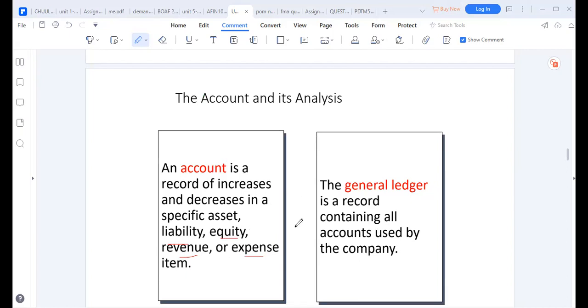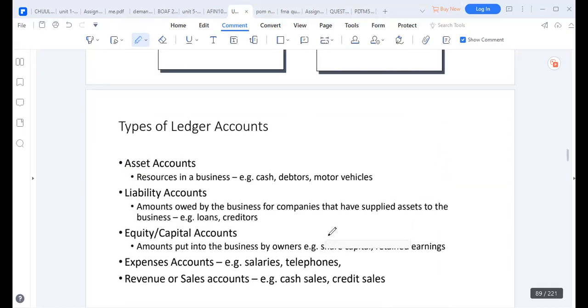So we're going to look at how to post issues in a ledger. So a general ledger simply contains all accounts. So we have a ledger, which is simply a book of accounts by definition. So there are several types of ledgers that you need to know. There's what we call an asset account, a liability account, an equity account, an expense account, a revenue or sales account.